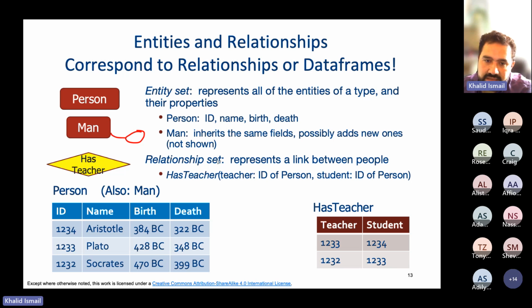The relationship set is, for example, has a teacher, represented by this graph here. Let's see the person, also a man table. This looks like that, which has these 3 or 4 attributes or properties: ID, name, birth, and death.